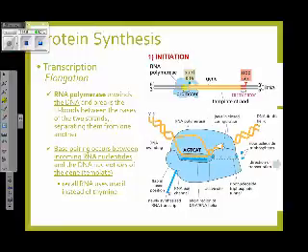So remember, what are RNA nucleotides? DNA nucleotides are A, T, C, and G. What are RNA nucleotides?